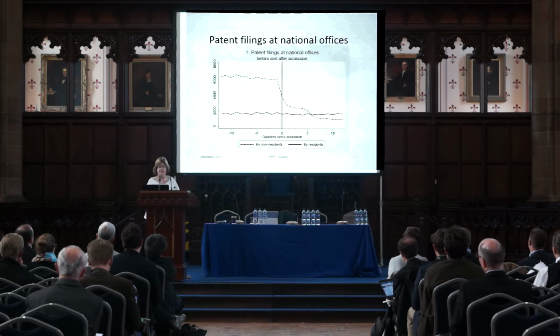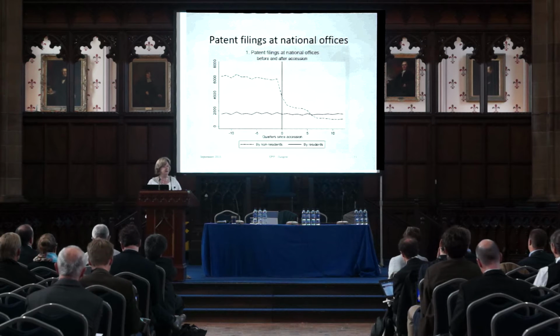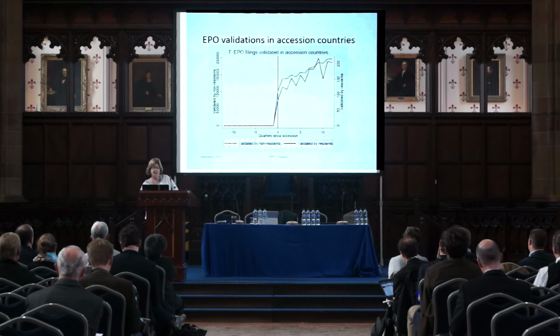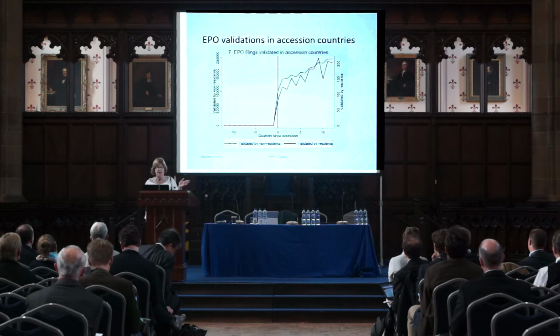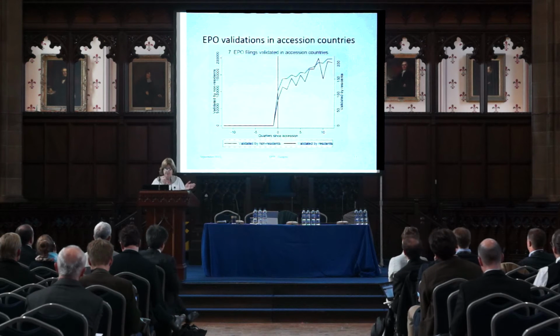So the resident behavior here, the red behavior, is unchanged, and the blue behavior is the non-residents, and they say, we're going to the EPO, as you would expect. Okay, this makes sense. But just to remind you, validations in accession countries: the left-hand scale, the blue line on this graph, is scaled up to 200,000.